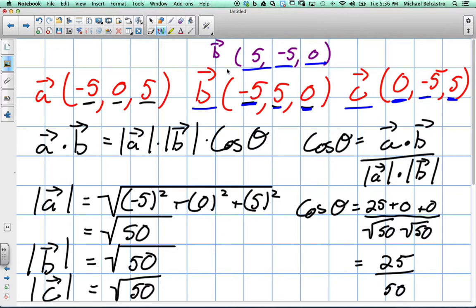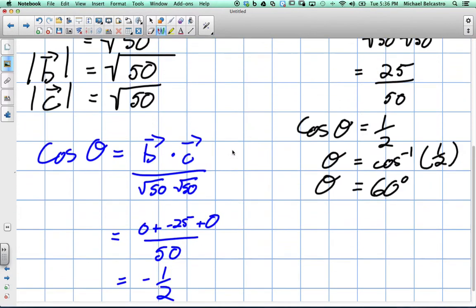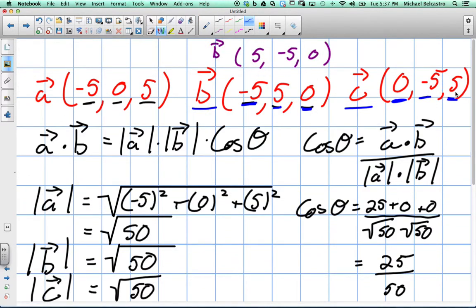So when we go to find the dot product between vectors C and B, 5 times 0 is 0. Negative 5 times negative 5 is positive 25. Okay, so it gives us a positive, and maybe I'll just erase the negative that was there. And then finally, our last point is 0 times 5 is 0.